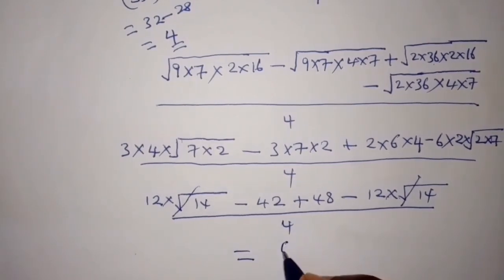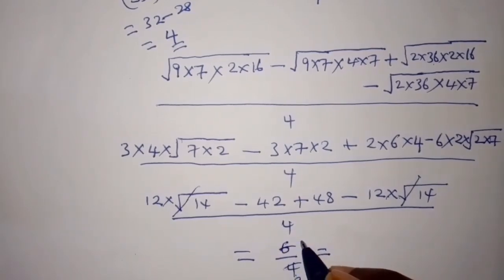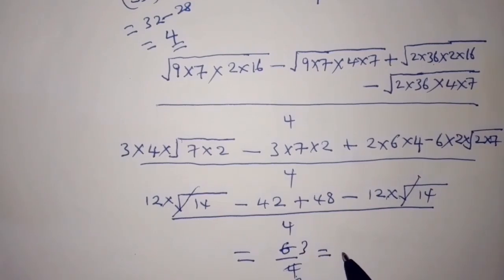6 over 4, which is giving us a 2 goes here, 2 times 2 goes here, 3. This is giving us a 2 goes into 3 1 times, remainder 1.